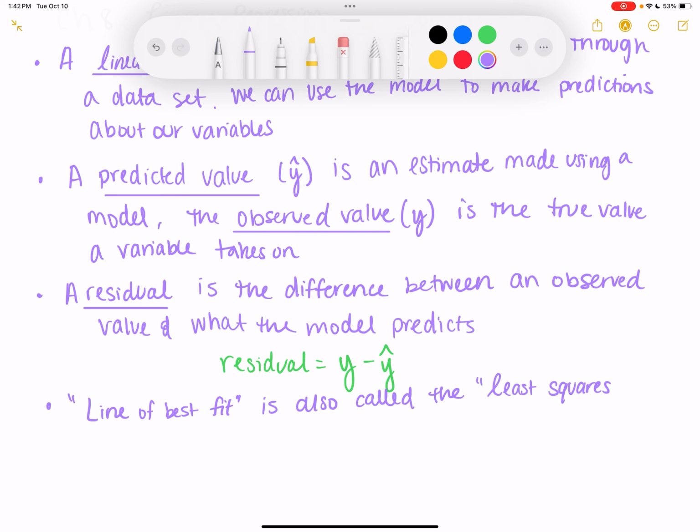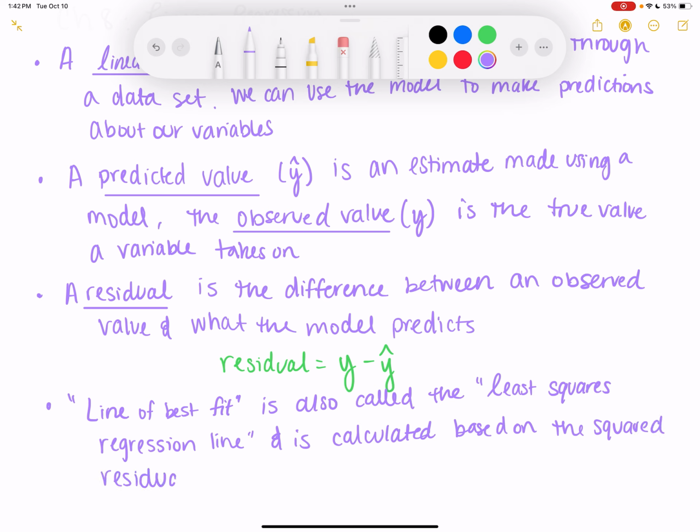The line of best fit is also called the least squares regression line, and is calculated based on the squared residual values.